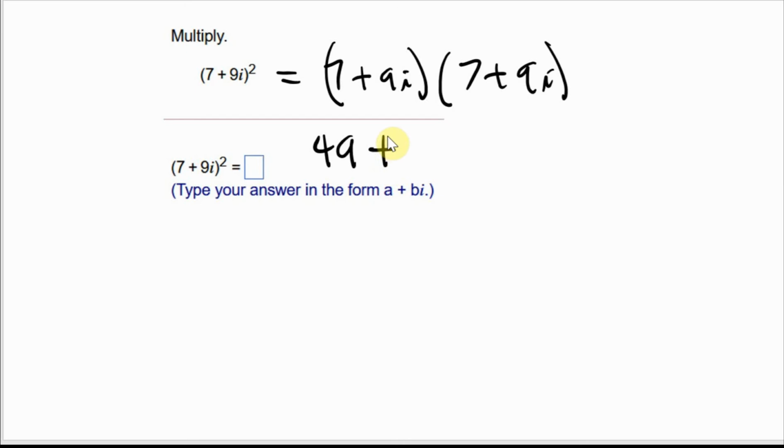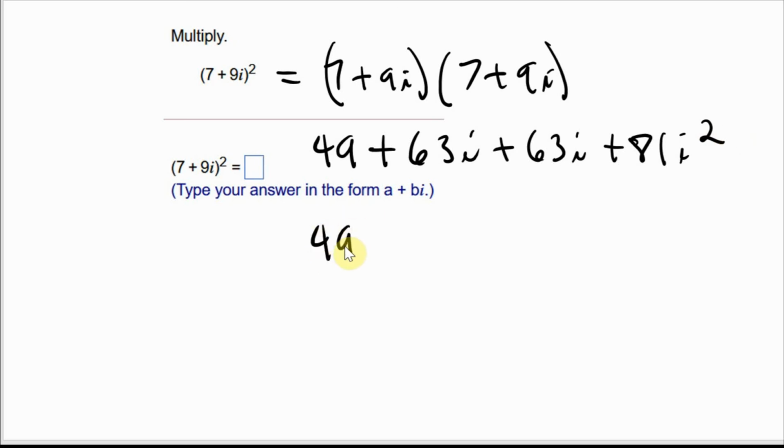So that's plus 63i. Inner times the inner is another plus 63i. And then the last times the last is plus 81i squared. Right? And so we bring down the 49.